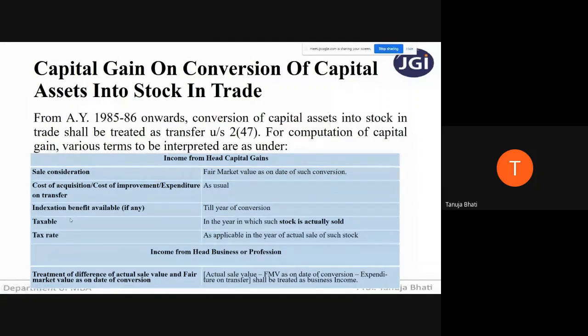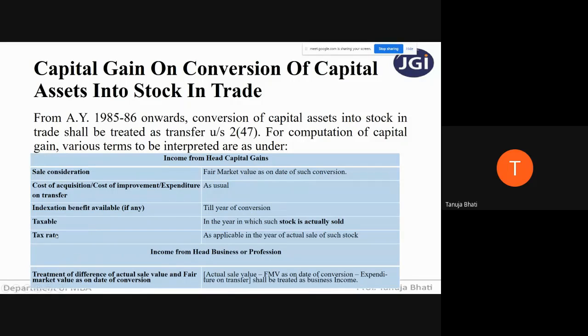So this is very important. You have to charge it to tax not in the year of conversion, but in the year when the stock is being sold. Sold means when the actual sale of the stock happens to a customer. That is the year you are going to charge it to tax under the head capital gains. Tax rate, whatever rate is applicable in the year where the stock has been sold, that is the tax rate you're going to apply.